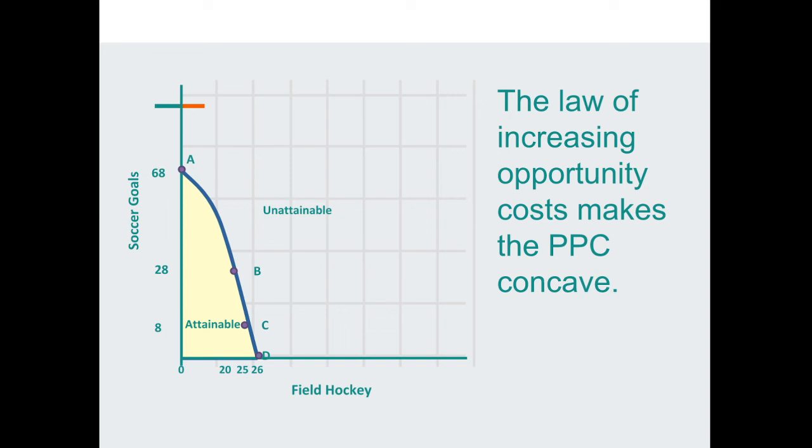We can do capital goods on the Y, consumer goods on the X, and as we move from one to the other, we are giving up. So if we move from capital goods to consumer goods, we're giving up capital goods.